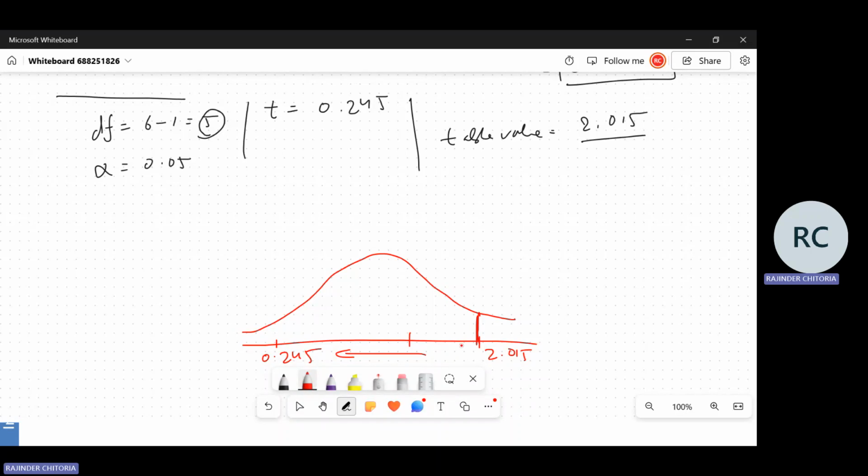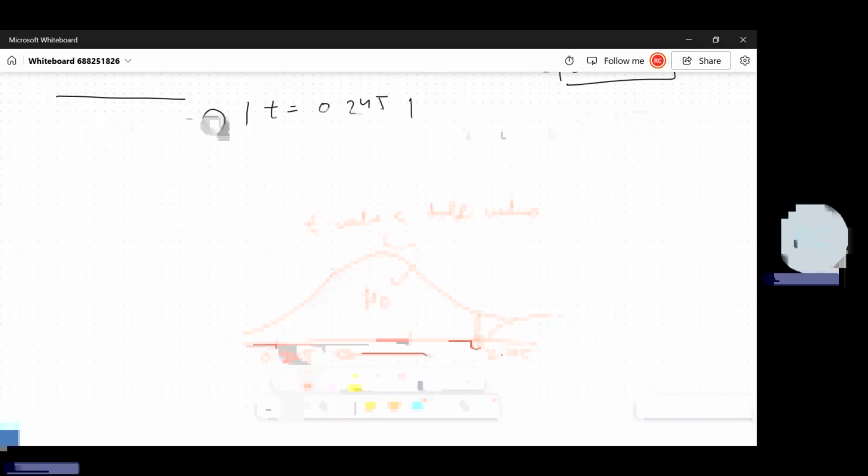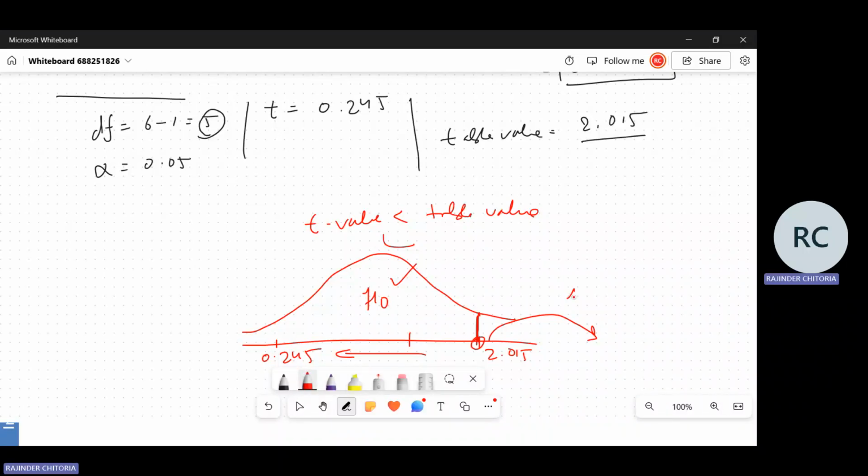Whenever my t value is less than the table value, the significance t value, we say our null hypothesis is true. Whenever the calculated value falls on this side, we say our alternate hypothesis is true. In the current case, we are getting the null hypothesis as true, which means we can say my plant 1 mean and plant B mean are more or less the same.